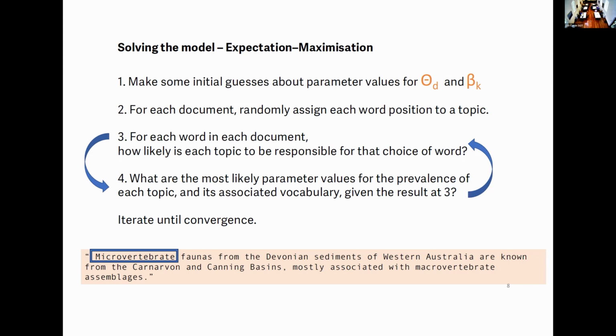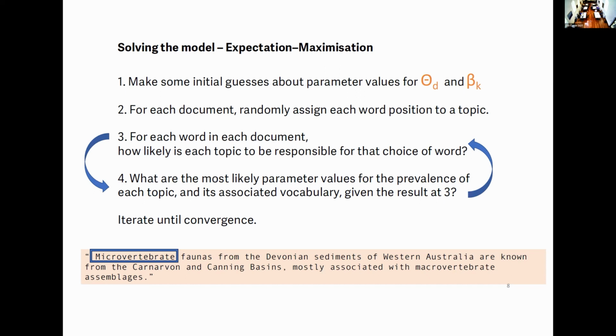So we ask for each word in each document, how likely is each topic to be responsible for that choice of word? So in the sort of orangey box at the bottom there, I've pasted the first sentence from the abstract of one of the 10,000 odd documents that we analysed. And the first word there is microvertebrate, which just means a little animal with a spine.